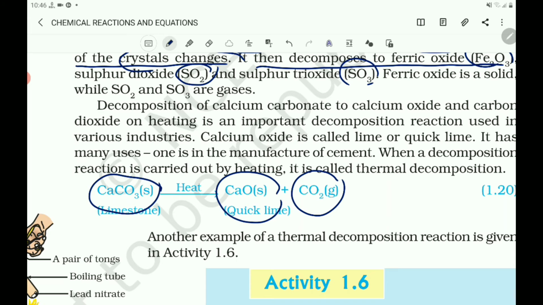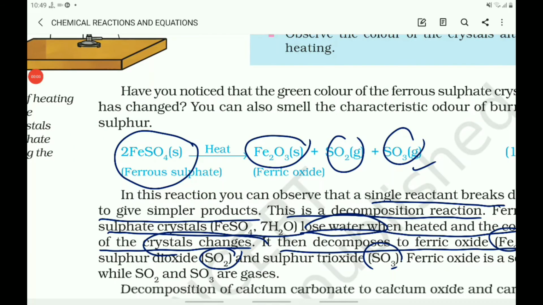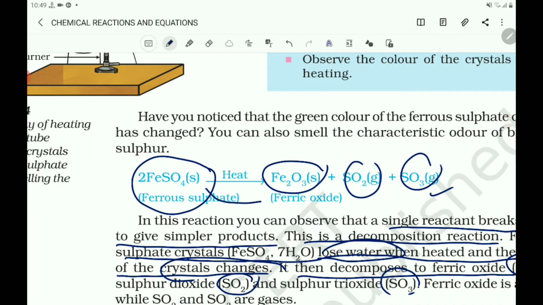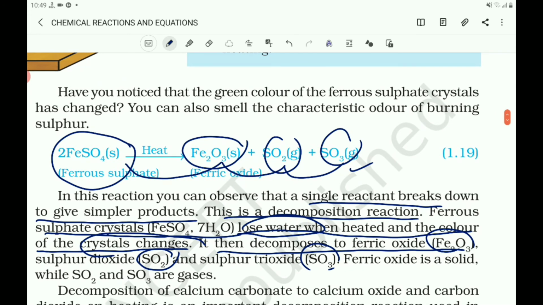One reactant is broken down into products. Such a chemical reaction in which a single reactant breaks up into 2 or more products is called a decomposition chemical reaction.